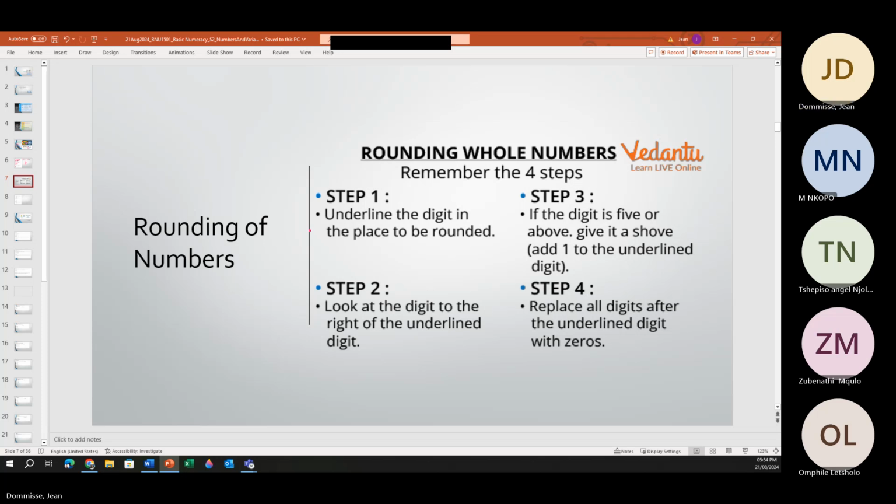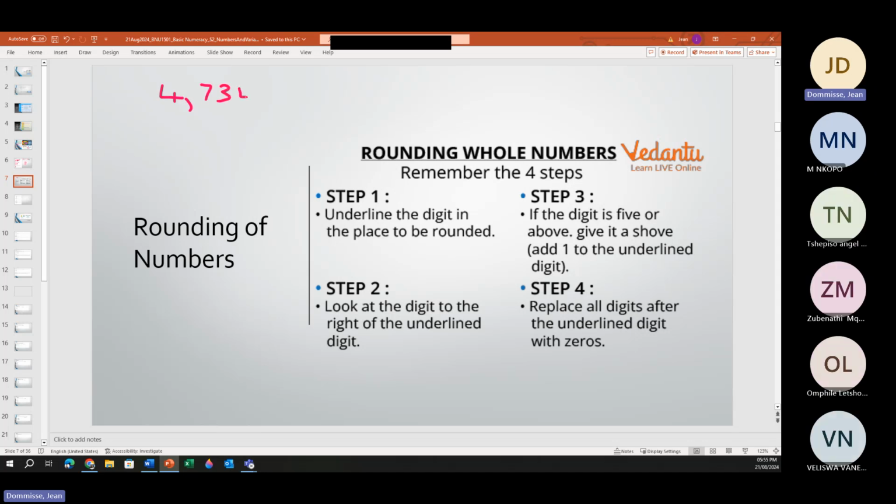So the important thing with rounding off is, and I like these steps, but also you can again Google and watch some video clips that might be shorter, but how I try to remember it is, so if I have a number, say 4,7346, and I now need to round off.